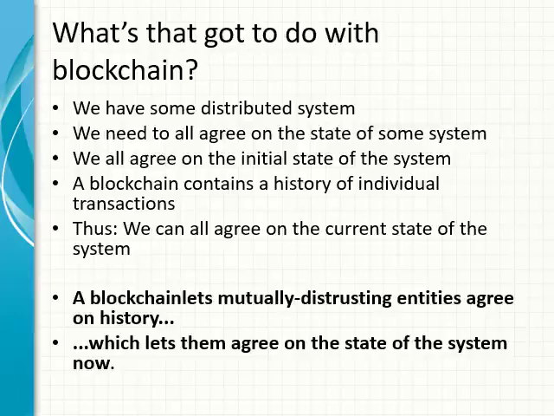If the participants don't agree, then the transaction is discarded and the block is not inserted in the blockchain. So if the participants agree on the initial state of the system, then they also agree on the history of the system. So everyone agrees on the current state of the system and also the previous state of the system.